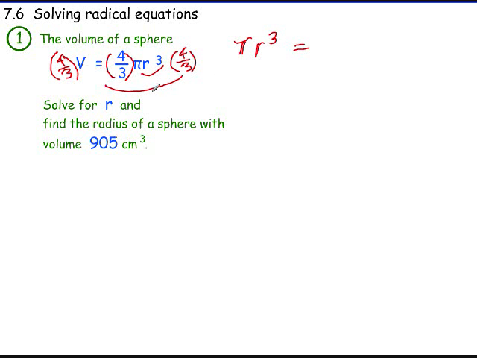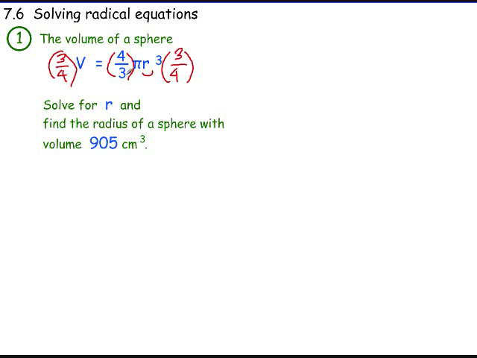Oops. Forget that. Let me go back. Sorry. We want to solve for r. And I put the wrong thing in, didn't I? It should have been the reciprocal of that. I said it, but then I didn't write it. It'd be 3/4 on this side and 3/4 on the other side.